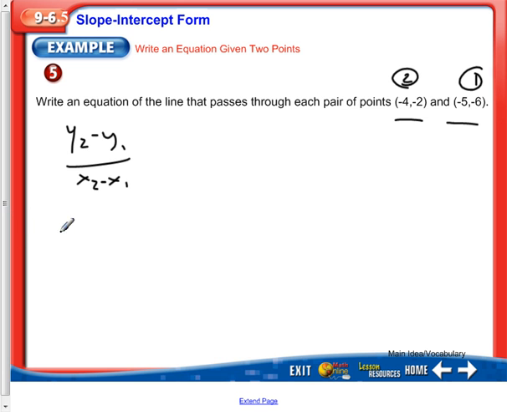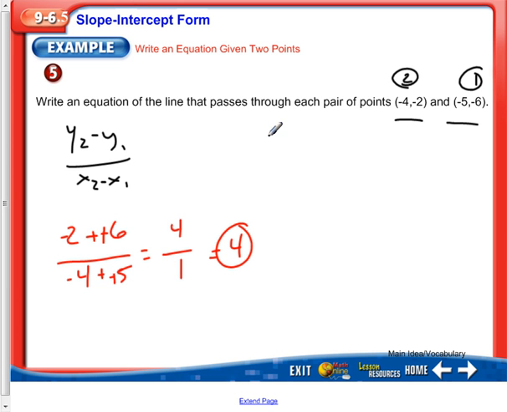Now let's substitute. y2 is -2 minus y1 is -6, divided by x2 is -4 minus x1 is -5. All right, let's simplify. -2 plus 6 is 4, and this is going to be 1, which equals 4. All right, there's my slope.